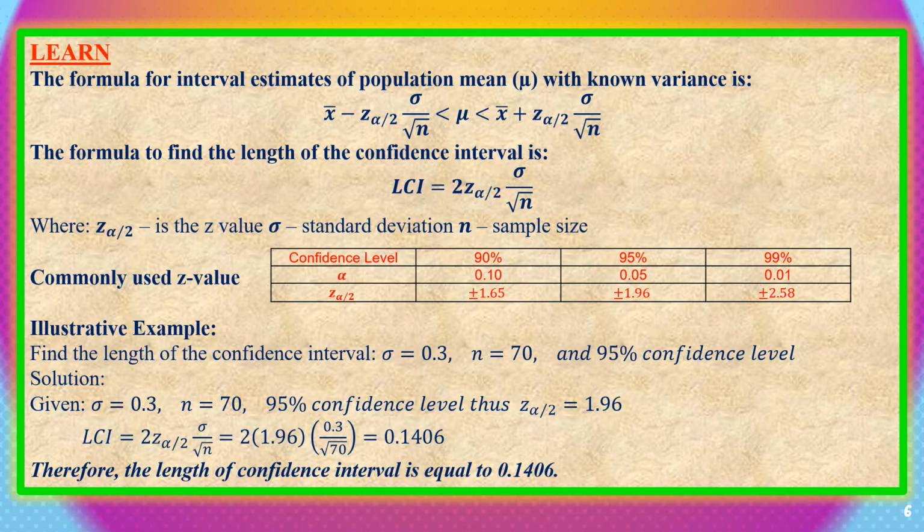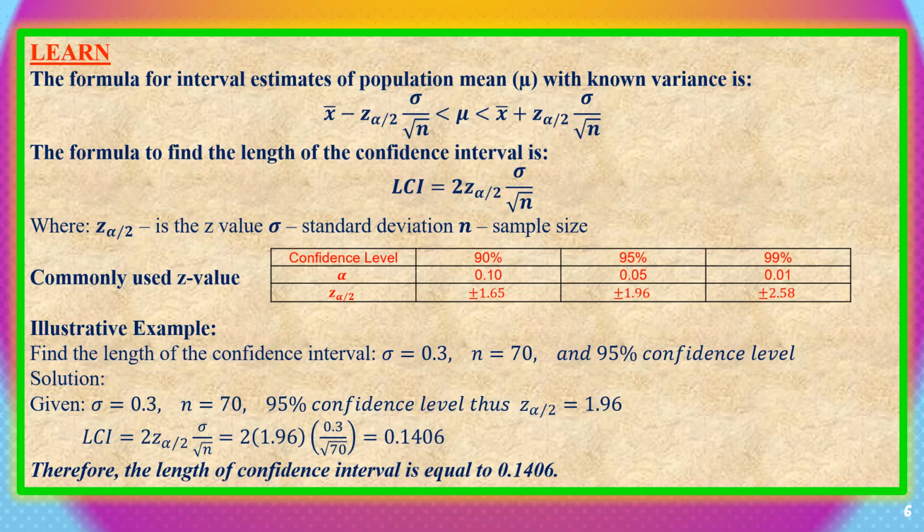For 95%, you have plus or minus 1.96. And for 99%, you have plus or minus 2.58. So take note, guys, that the z value is z sub alpha over 2, meaning you divide your alpha by 2.